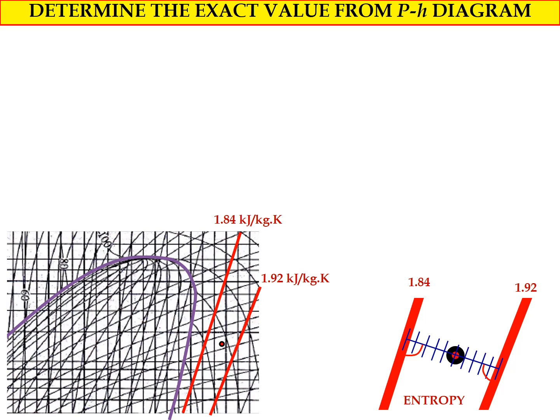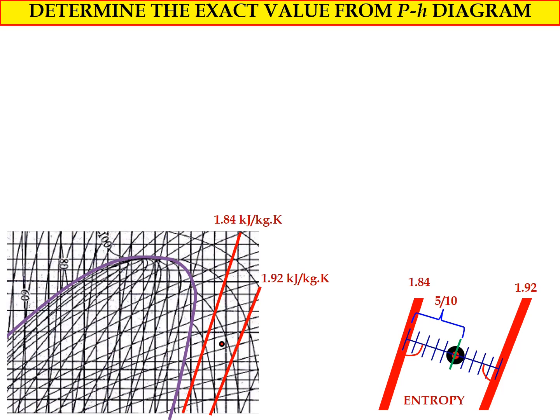Okay, so now you need to identify the location of the point on the scale. So here for this example, the number of scale to the intersection point will be 5 out of 10, because I already divided the major scale into 10 minor scales.